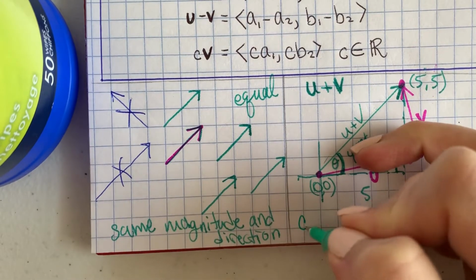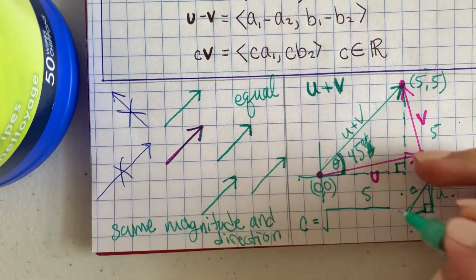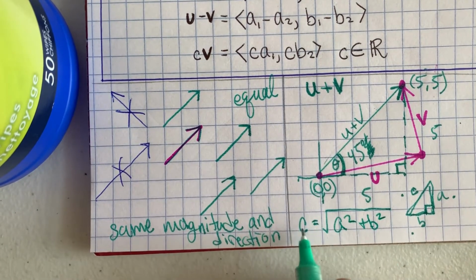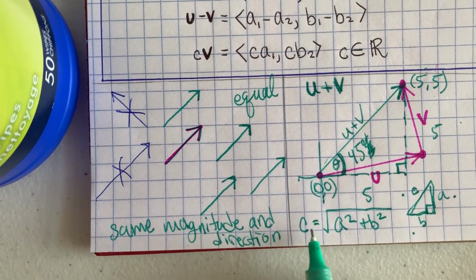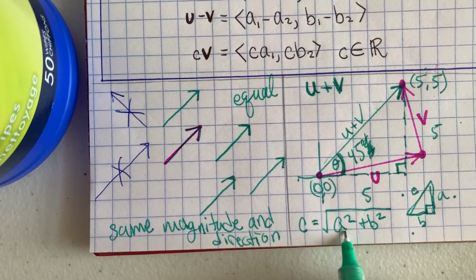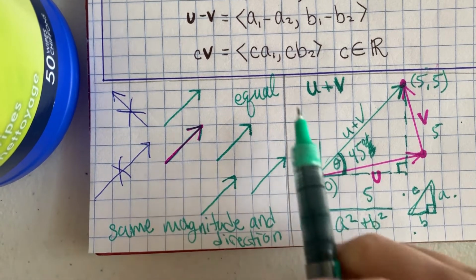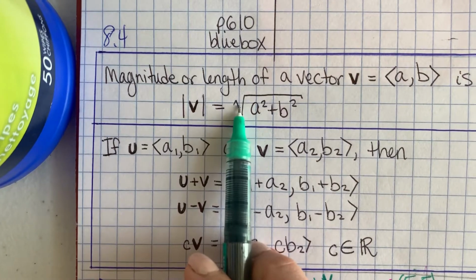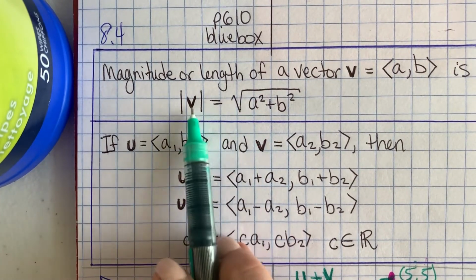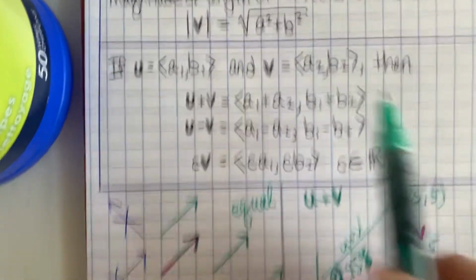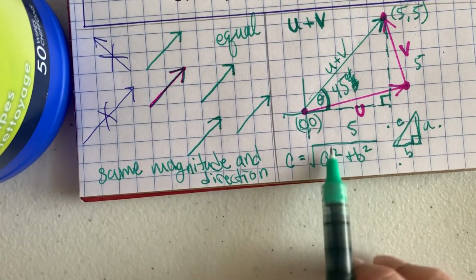Taking the square root of both sides, c equals the square root of a squared plus b squared, which is up here in our blue box. The magnitude or length is going to be equal to the square root of a squared plus b squared, and that's coming from the Pythagorean theorem.